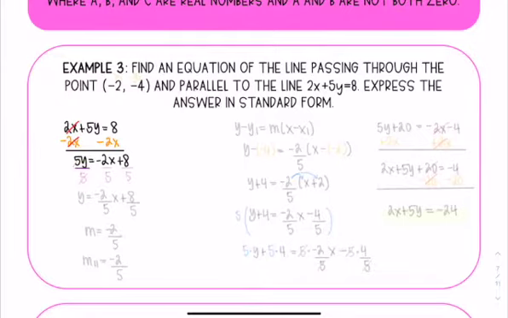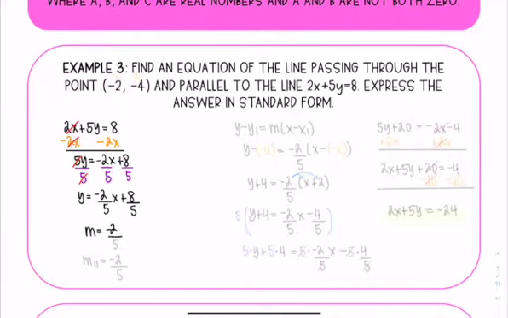And then we just need to divide everything by 5. And so we end up with y equals -2/5 x plus 8/5. And that means that the slope of this line is -2/5.